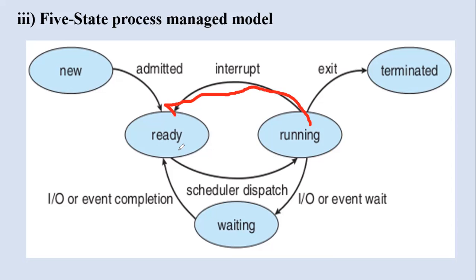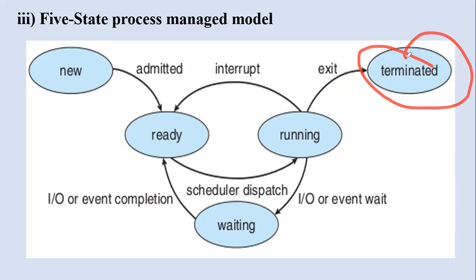And then once its time arrives, it will go back again to the processor. The processor will process it, and once it gets completed, that process will be terminated. It will exit the system. And therefore, this diagram illustrates the 5-state process model.